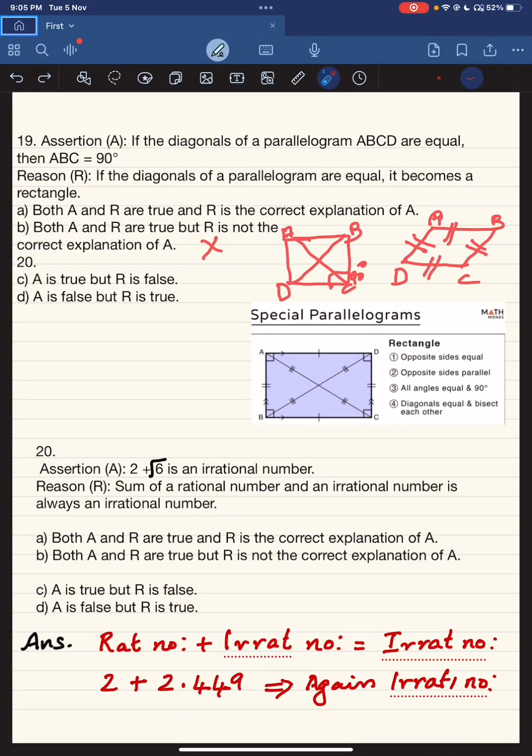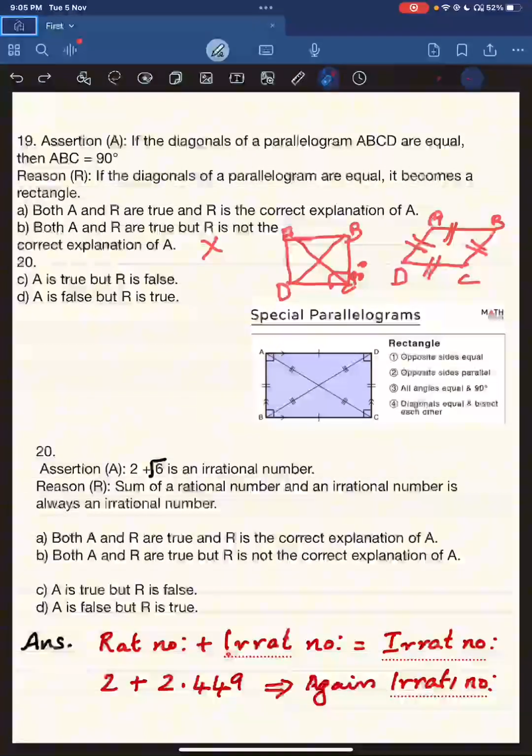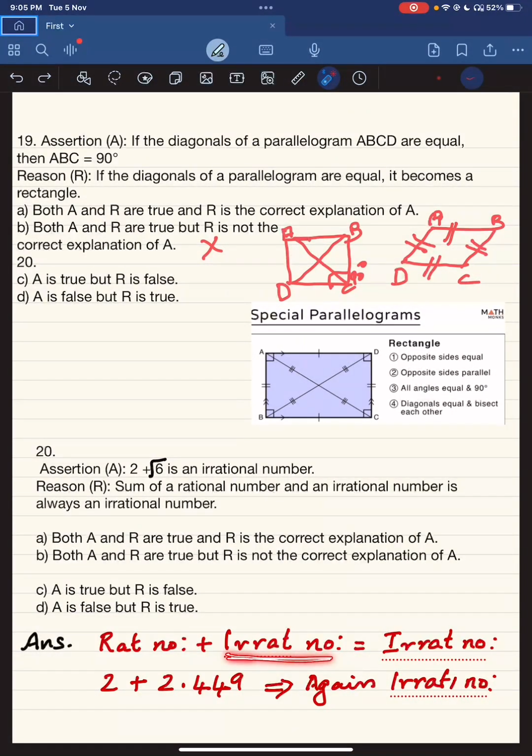We know 2 plus root 6. 2 is a rational number, and root 6 is an irrational number. An irrational number can be expressed only in the form of a decimal. Here root 6 has one value, that is 2.449.